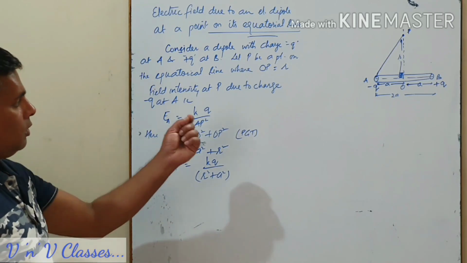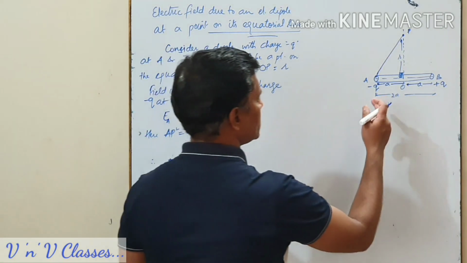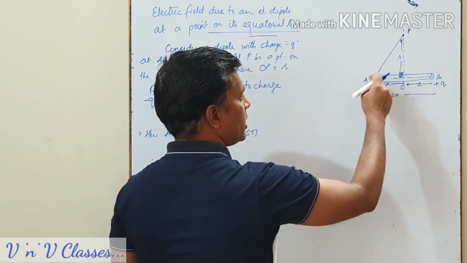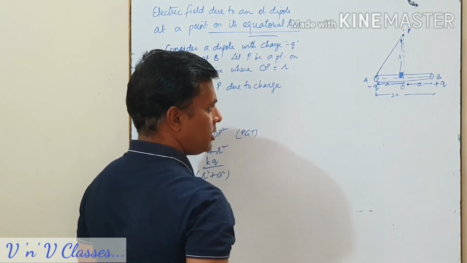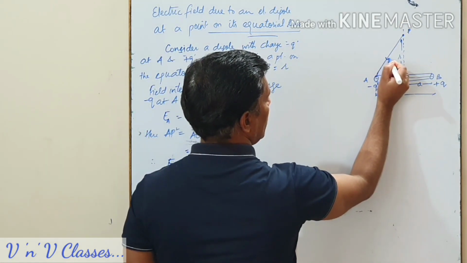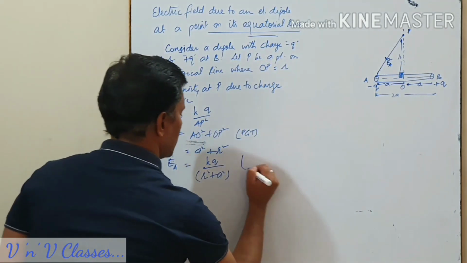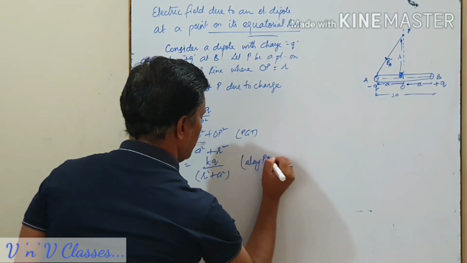Now what is the direction of this field? We have discussed that the field is directed towards the negative charge. So this is E_A, along PA.